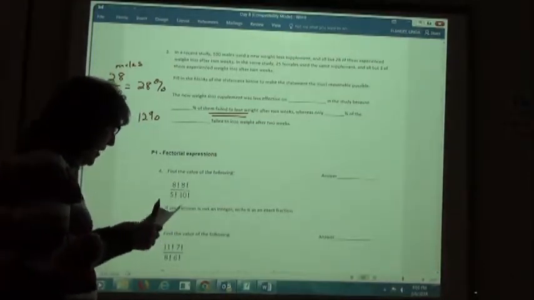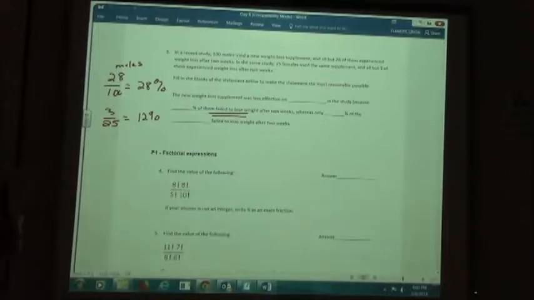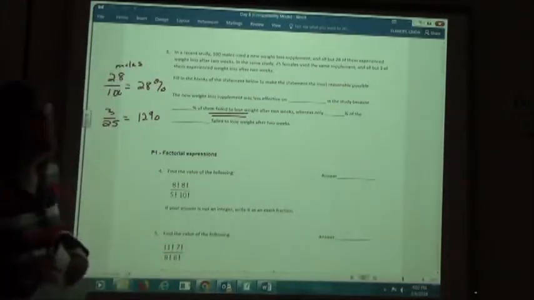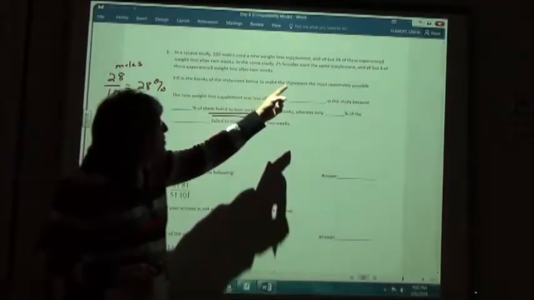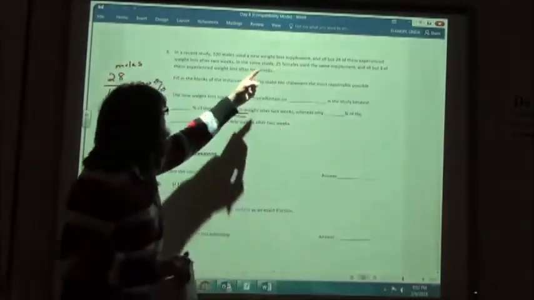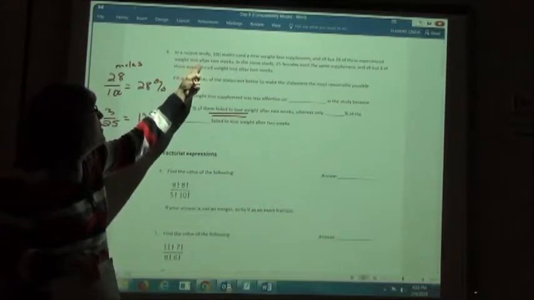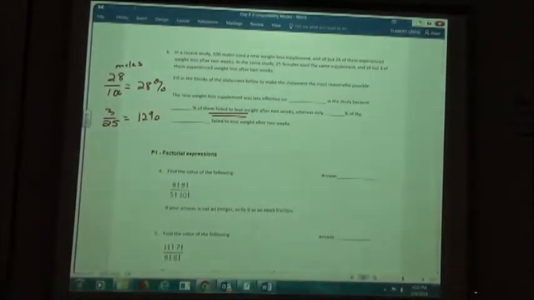I gotta read that one again. All but 28 of them experienced, oh, we got those backwards. 28% of them, all but 28 of them experienced weight loss after 2 weeks. Did I write this backwards when I wrote it down?